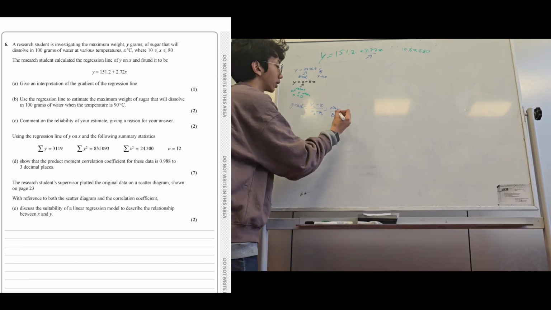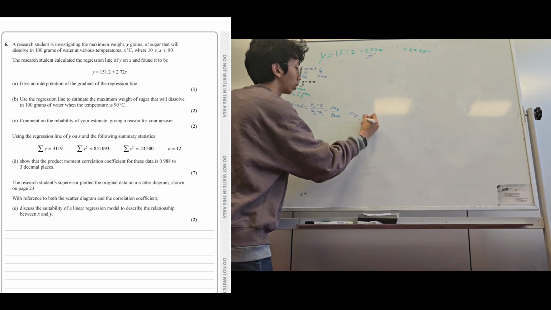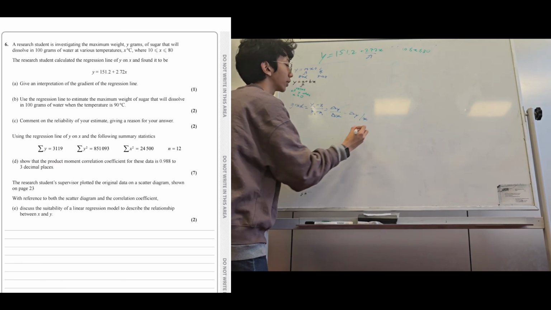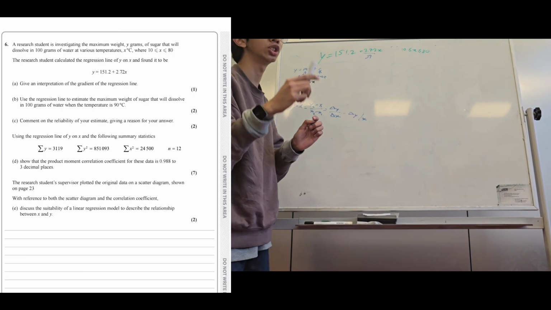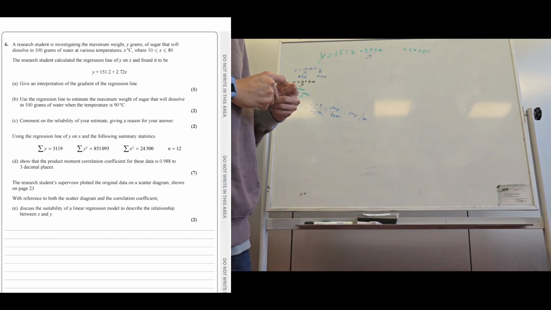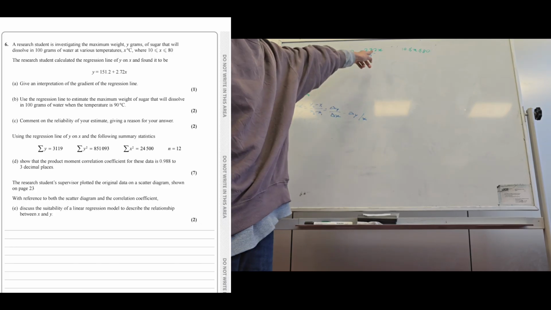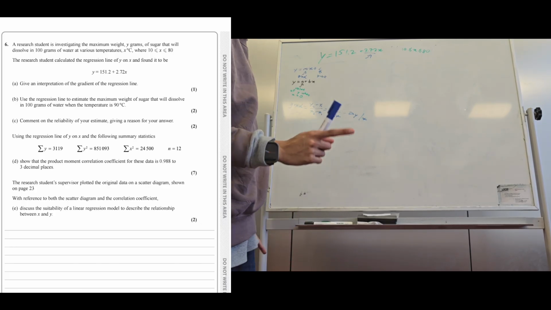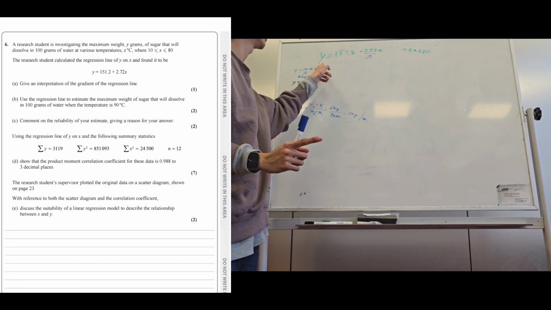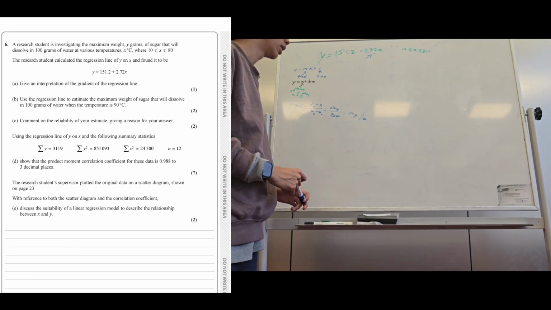It is like the change in y per unit of x. So every time x changes by 1 unit, how much does y change? That is what the gradient is. In other words, if x changes by 1 unit, then y changes by this much, the gradient.